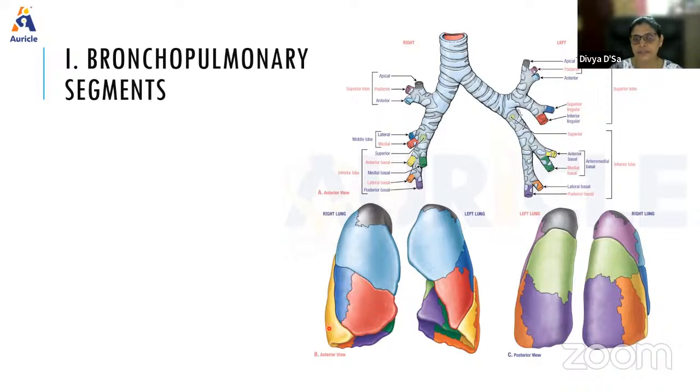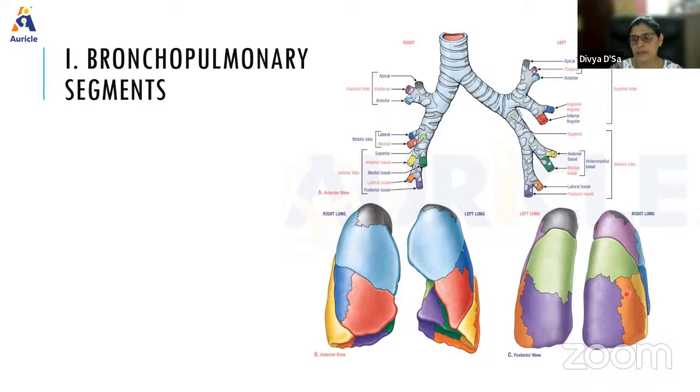The inferior lobe will have anterior basal, then the medial basal, which you can see here, this green thing. Then lateral basal, and a posterior basal.